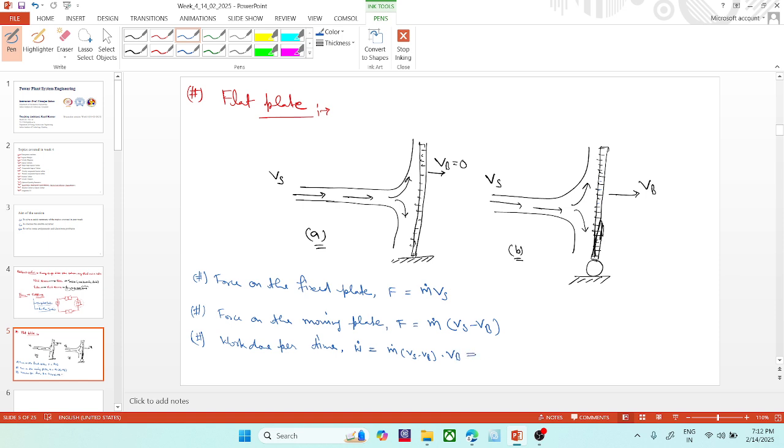So ultimately this expression would be W dot is equal to m dot Vb (Vs minus Vb).